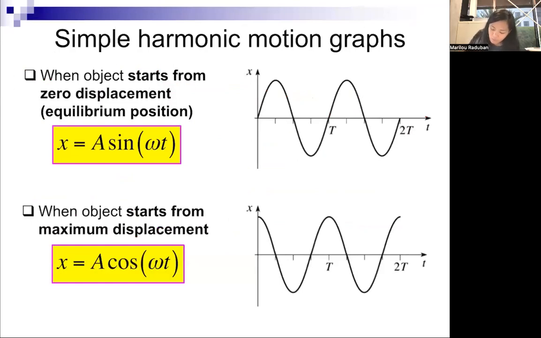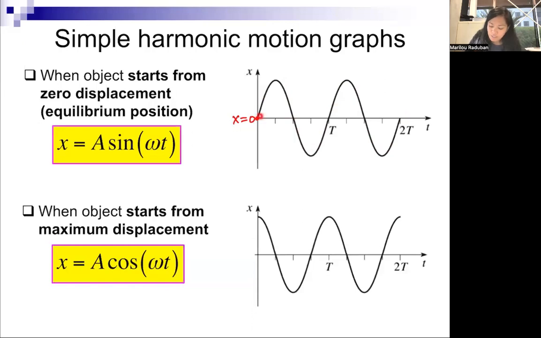Okay, so in this first graph, right? Yeah, so this is the equilibrium, so x is equal to 0. That's the equilibrium position for the object, right? So for the first graph, notice how the sinusoidal graph starts from the x is equal to 0 point, meaning the object started from its equilibrium position, and it oscillates up and down about that equilibrium position.